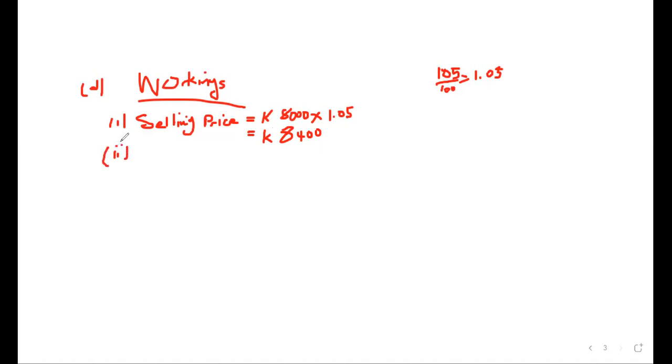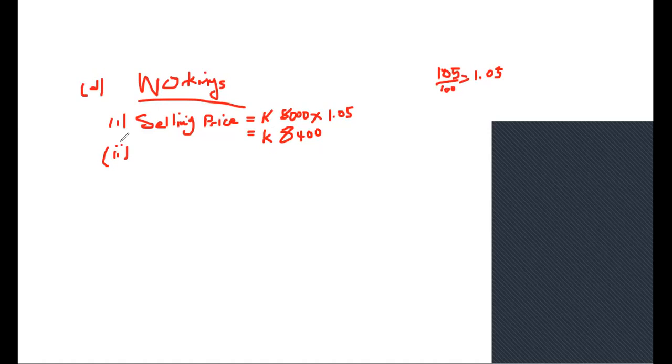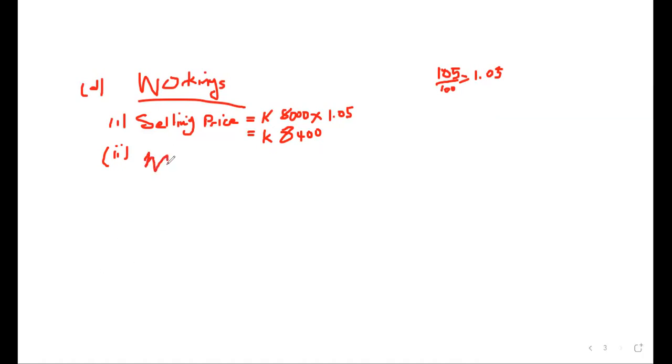Working number 2 is about the increase in material cost per unit.